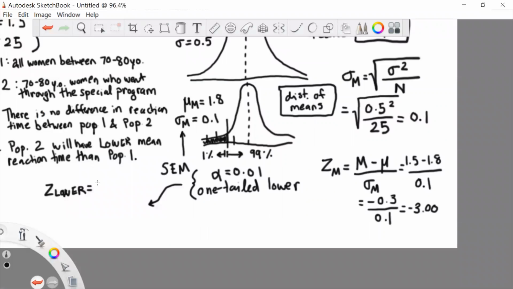So if our critical z is minus 2.33, how does that compare to the z-score of our sample mean, which was minus 3? Will it be in the region of rejection or outside the region of rejection?